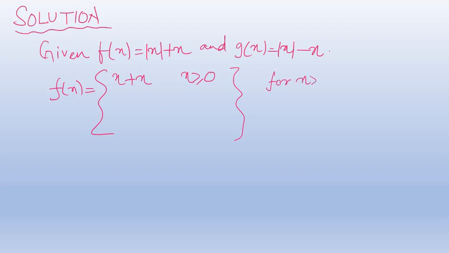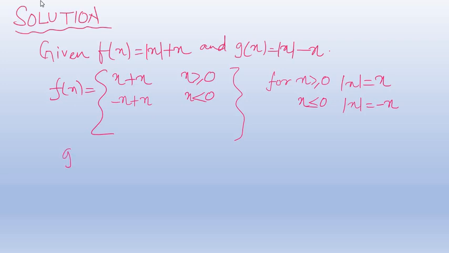For x greater than or equal to 0, mod x is equal to x, and for x less than 0, mod x will be equal to minus x. So f of x will be x plus x for x greater than or equal to 0, and it will be minus x plus x for x less than 0. So this is how we have defined f of x.